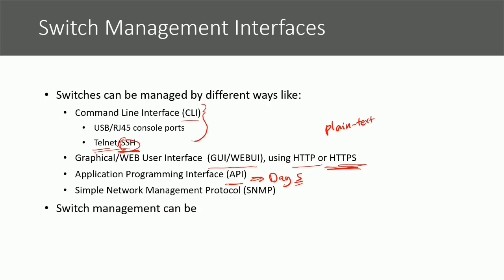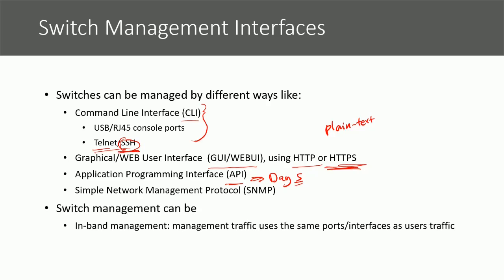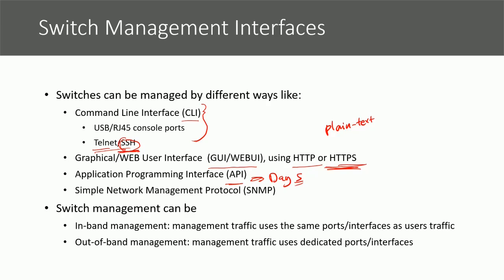Switch management can be in-band management, which means management traffic uses the same ports or interfaces as user traffic, or it can be out-of-band management, which means management traffic uses dedicated ports or interfaces in the switch to manage the switch. So for example, console ports are out-of-band management because these ports are dedicated for management.